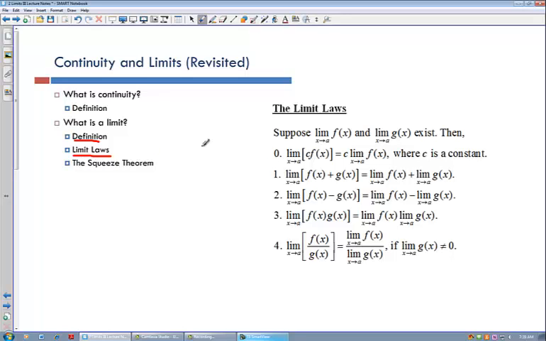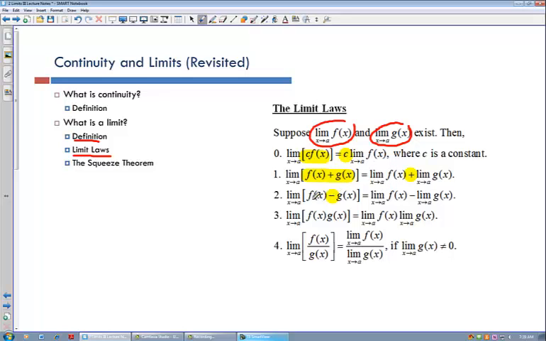But we're just going to talk about the fact that if the limits exist, so if this limit exists and this limit exists, then what can we say about limits when we multiply a function by a constant? Well, the fact is you can pull the constant out in front. What can you say about taking limits when you add two functions? Well, you can take the limit of the sum, or you can take the sum of the limits. How about subtraction?